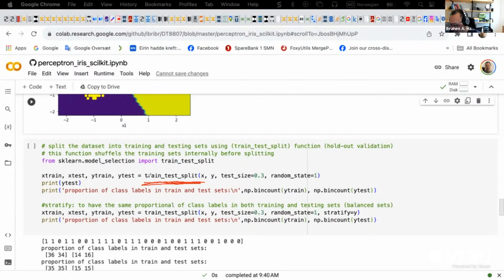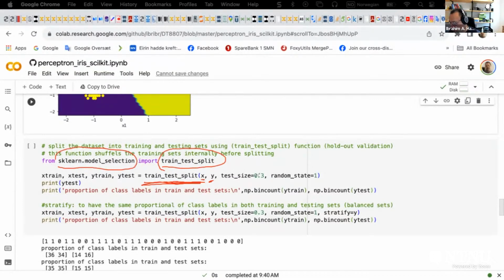We need to import this function from sklearn.model_selection. The input to this function will be the whole X, the whole Y, and also the test size. What is the test set size?